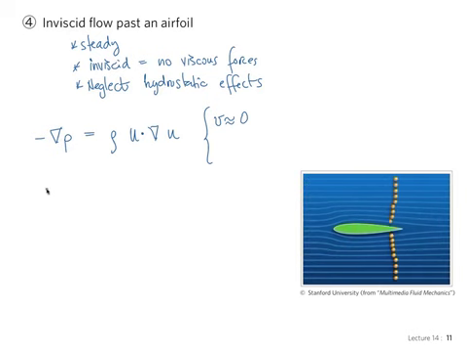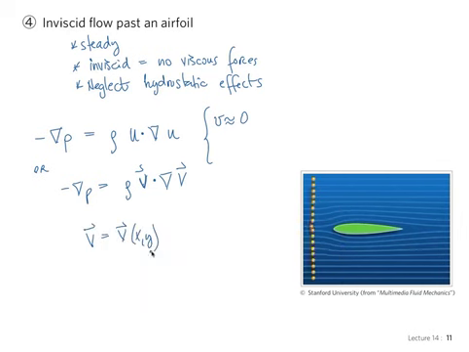If we wanted to be really correct, we would write the full equation, and v would be a function of both x and y. But we don't have a closed form solution.